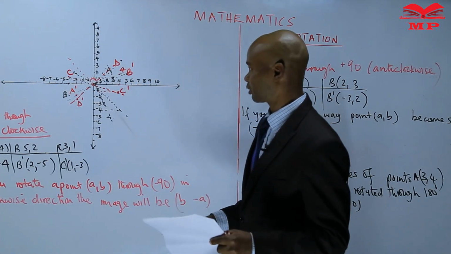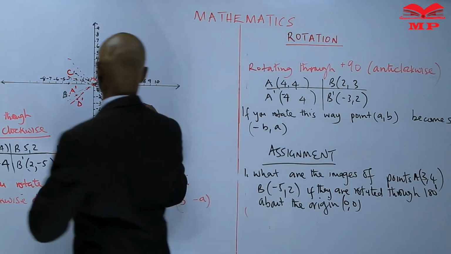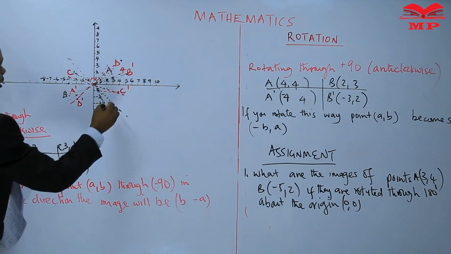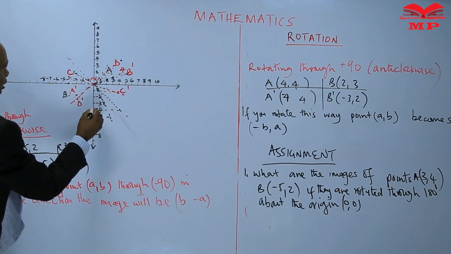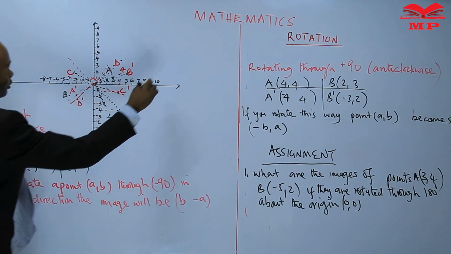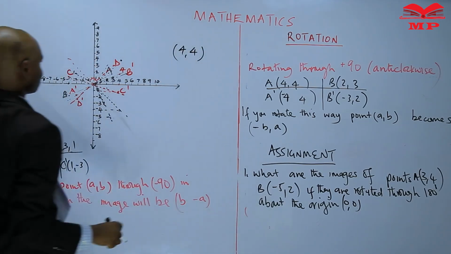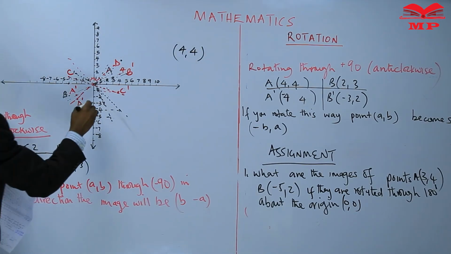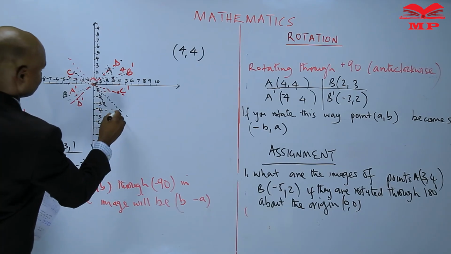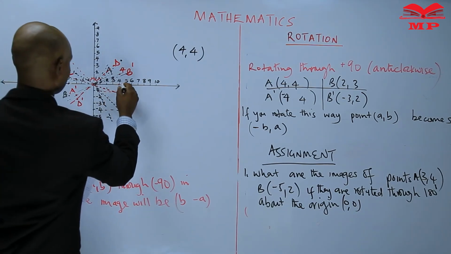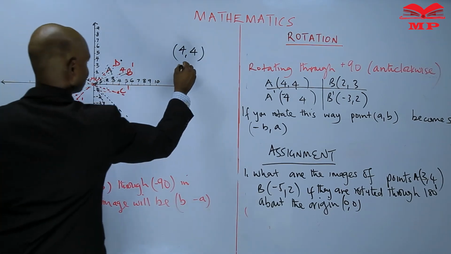minus 90, which is clockwise. You saw what happened there. If we rotated 4, 4 clockwise, we came and got 4, negative 4.